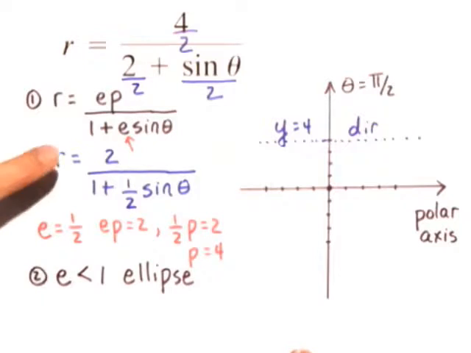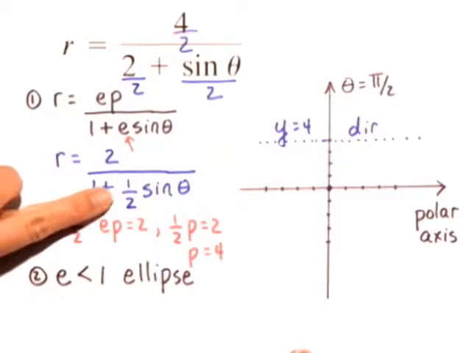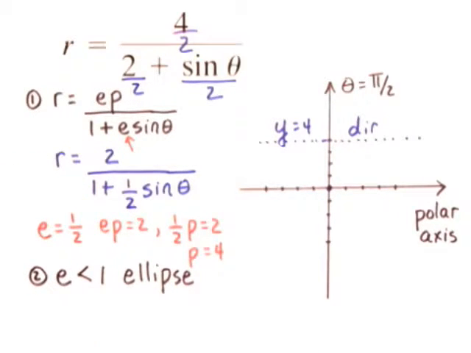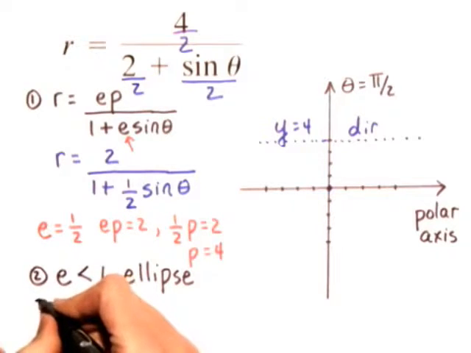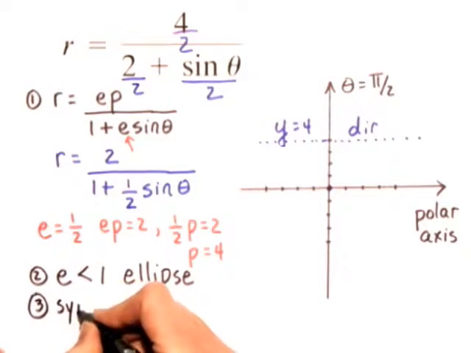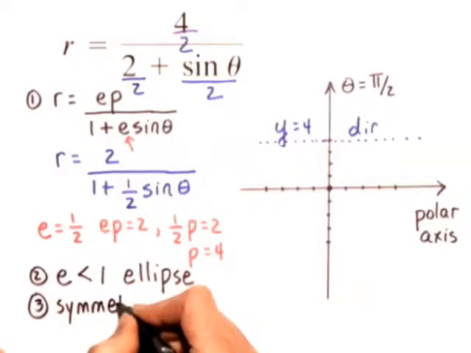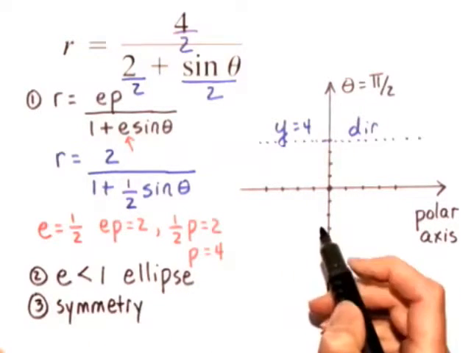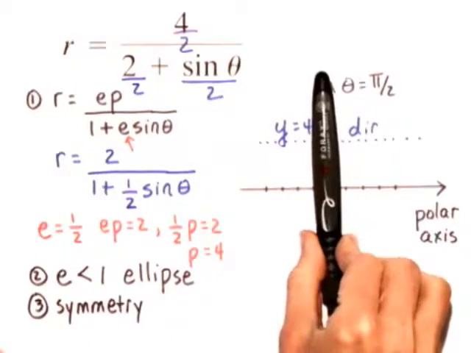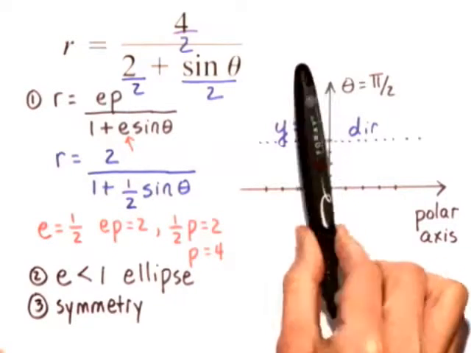We know, based on our standard form, the 1 plus 1/2 sine theta, because of sine theta, we're going to have symmetry. In this case, the symmetry will be with respect to the line theta equals pi over 2.